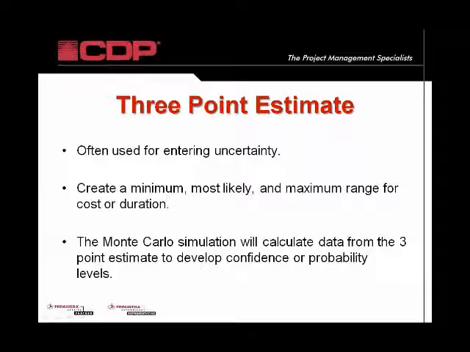That would be a best case, your single point, your original estimate, and a worst case. So a minimum, a maximum, and a most likely estimate, which is very common for putting variability on costs, man hours, durations, etc.